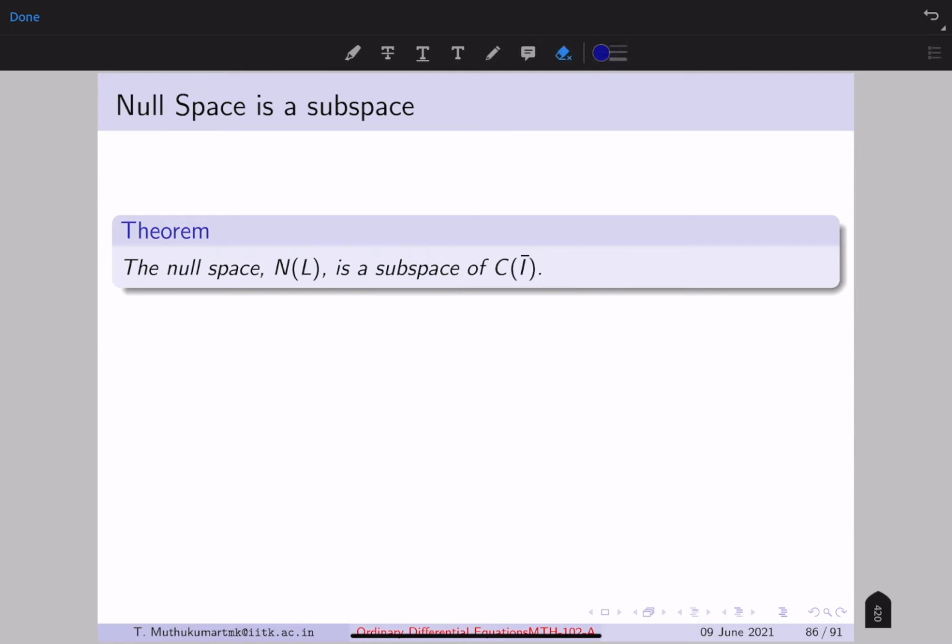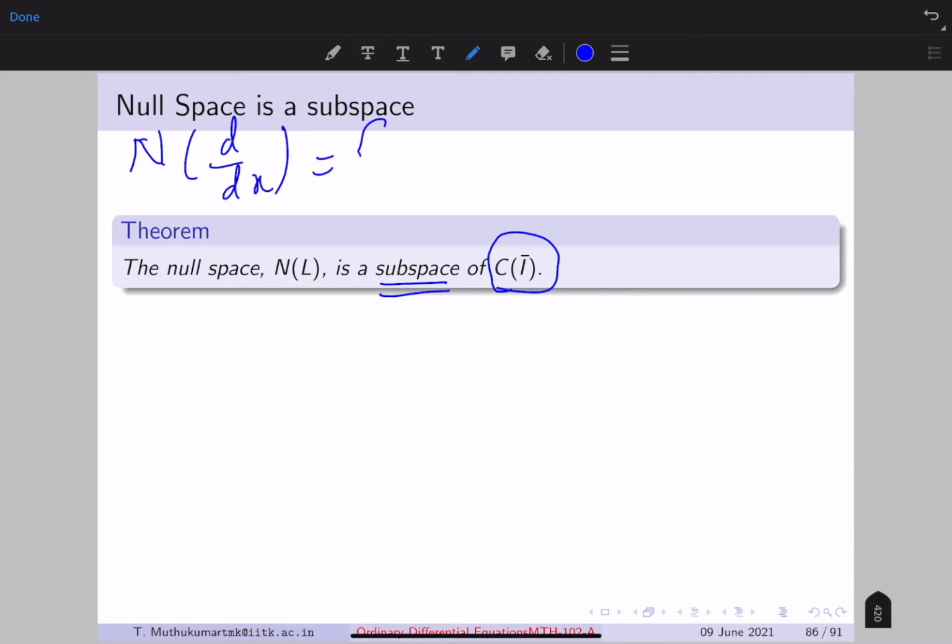Now this is a property of the null space. The null space is always a subspace of the vector space of continuous functions. What is the advantage of this? As we have already said, for instance, the null space of d by dx is all constant functions.